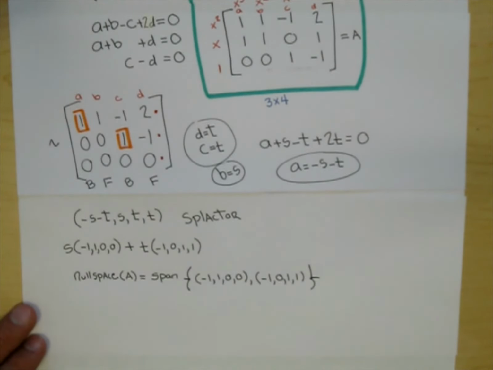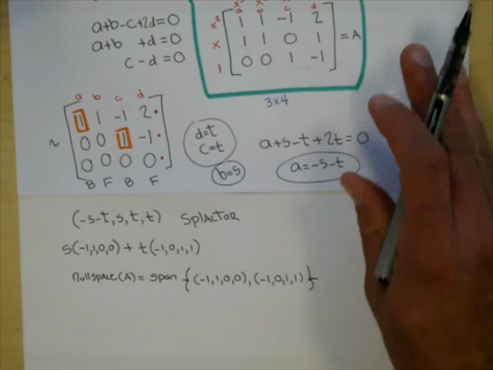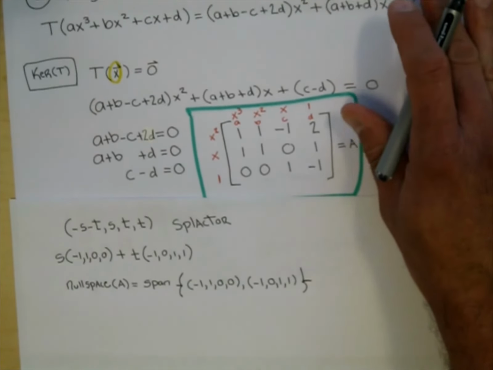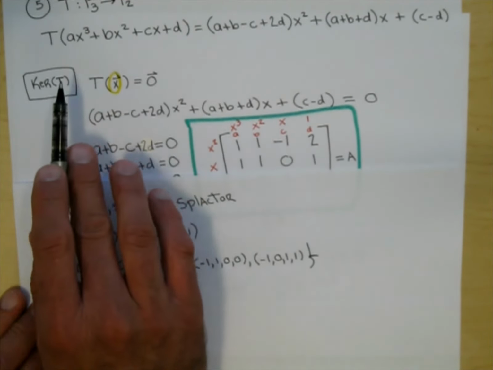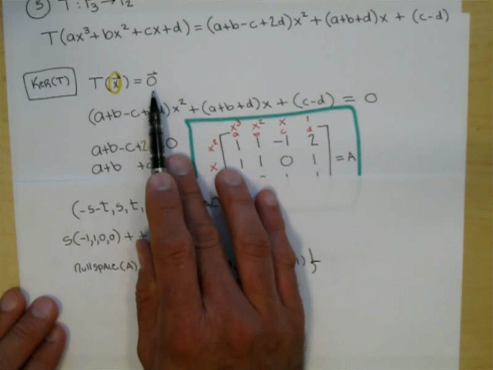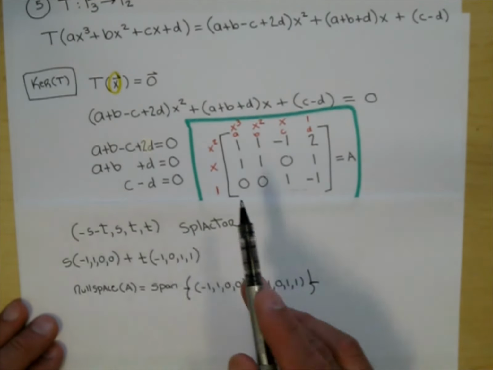Now what else did we find? Well, actually, let's not start talking about the range yet. So the null space is that. But what do we really have here? We were trying to find all the polynomials that would get mapped to 0. And those polynomials would be corresponding to something with the A's, B's, C's, and D's.